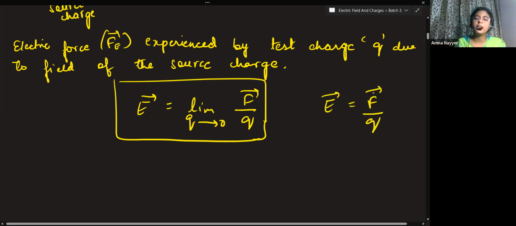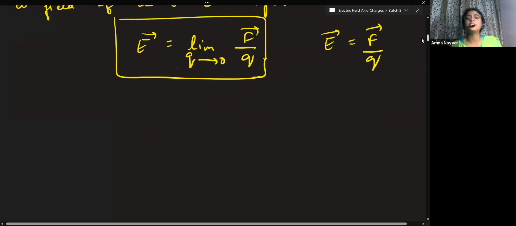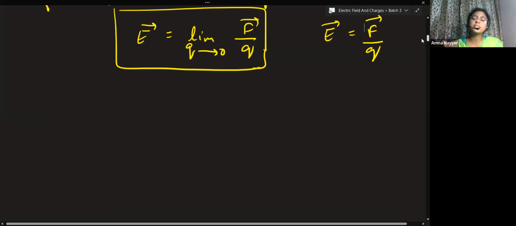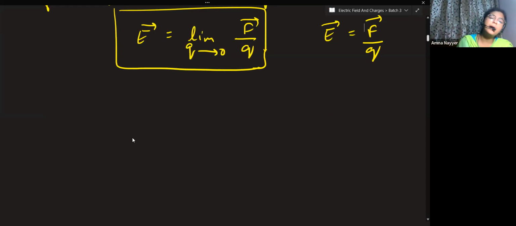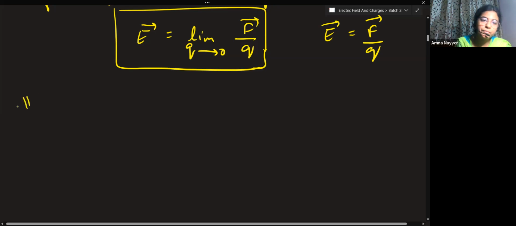But why are we putting this limit tends to 0? So that the force exerted by small q is negligible. Otherwise capital Q won't be stationary.